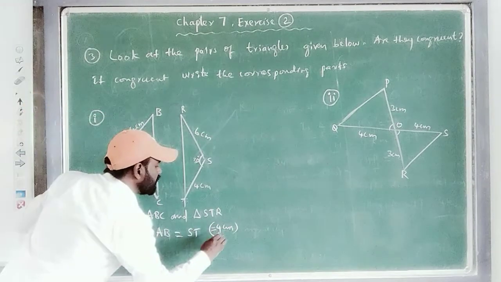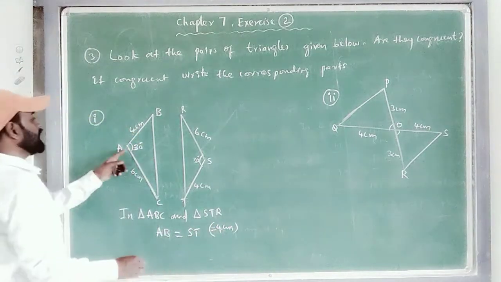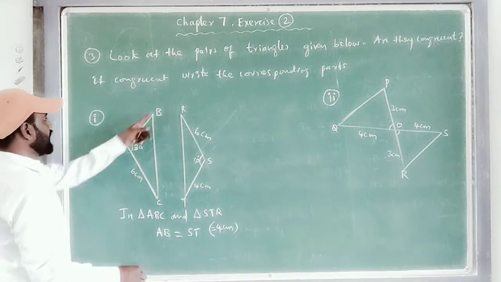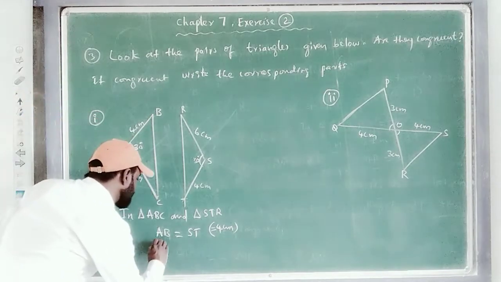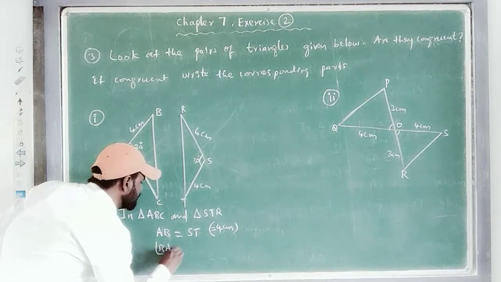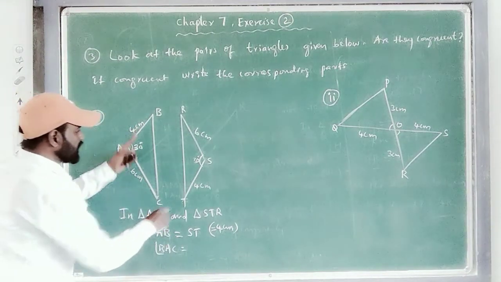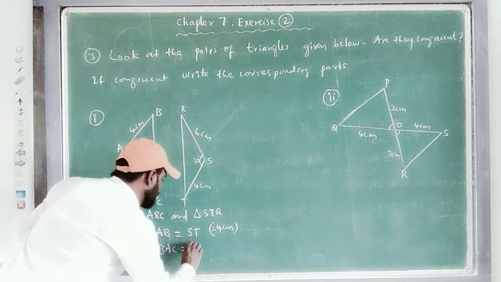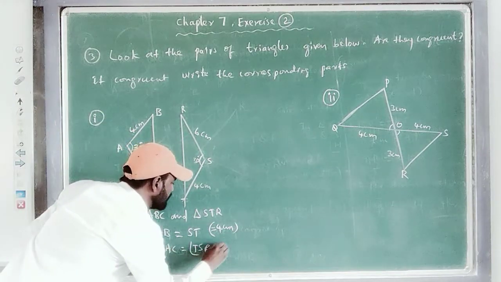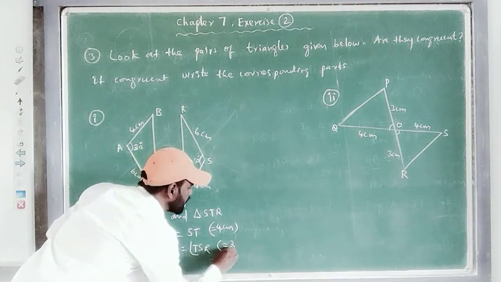Next, the angle included by them. So angle BAC is equal to angle TSR, both are 30 degrees.